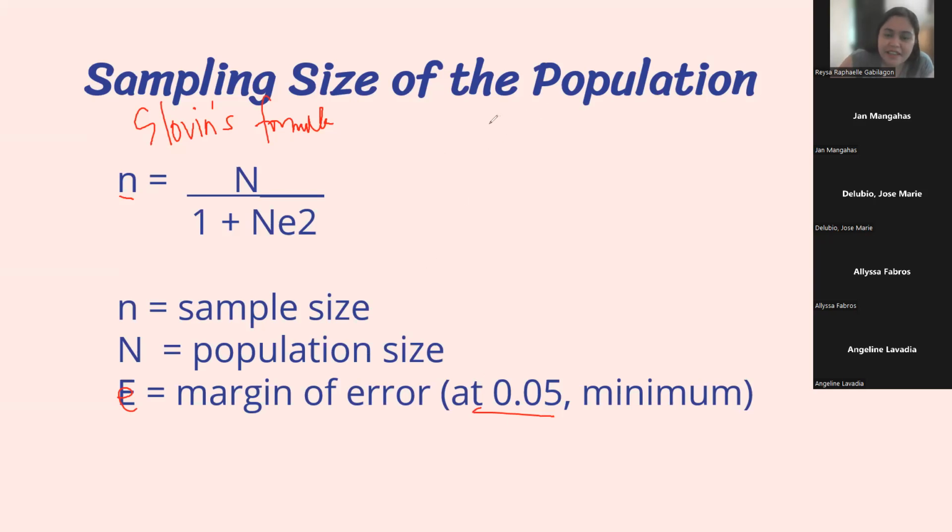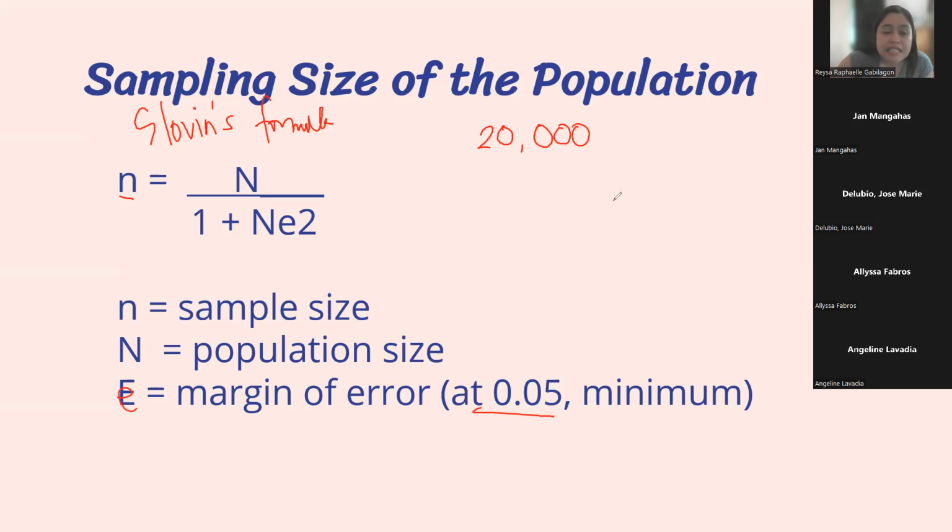So let us have an example. Say your population is the residents of Barangay Kalumpang. This is just an example, the residents are very few, right? But anyway, the residents of Barangay Kalumpang is 20,000 according to census.